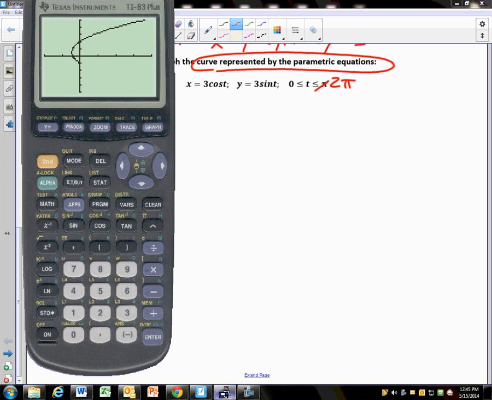We go into y equals, and we type 3 cosine of t, and then 3 sine of t. What is the t minimum value for this problem? 0. What's the t max value for this problem? 2 pi.